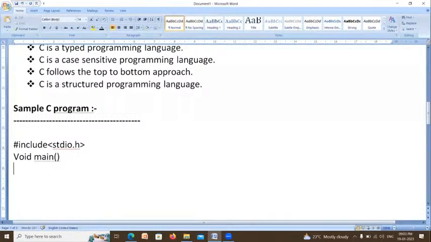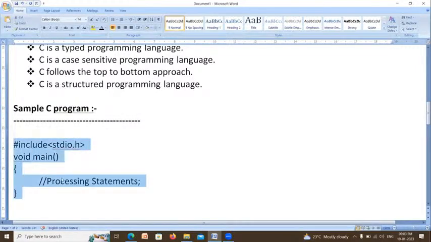After that, we need to start the curly brackets and close the curly brackets. In between these two curly brackets, you have to write the solution for the program. That solution is called processing statements. Right. It is the sample C program.